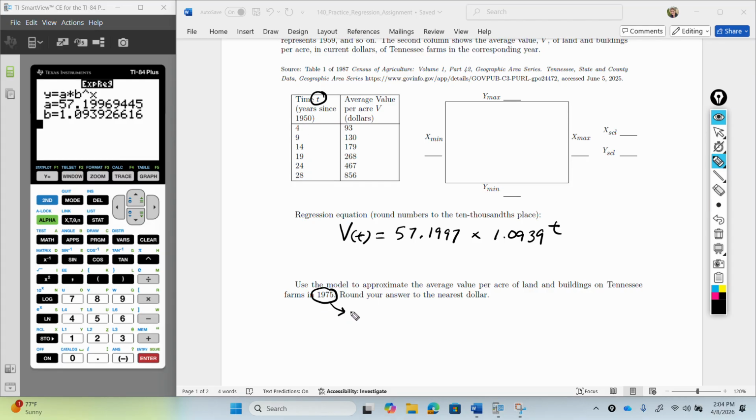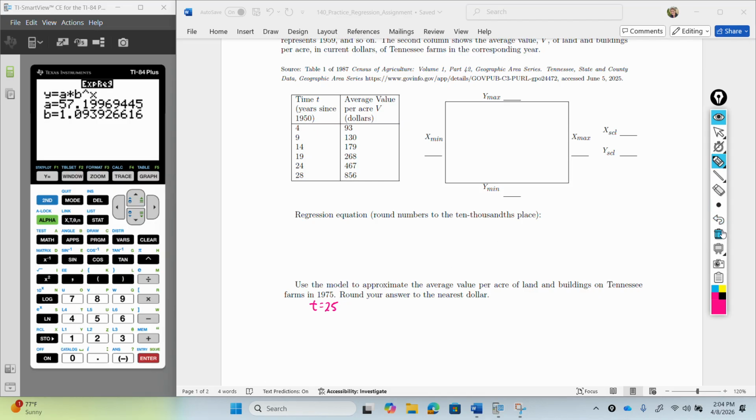So 1975 is 25 years after 1950. So for the year 1975, your t-value is equal to 25.